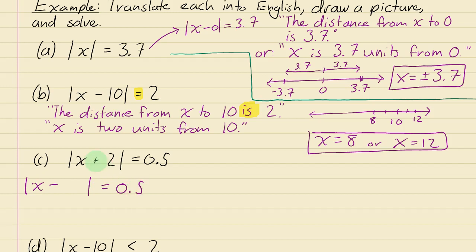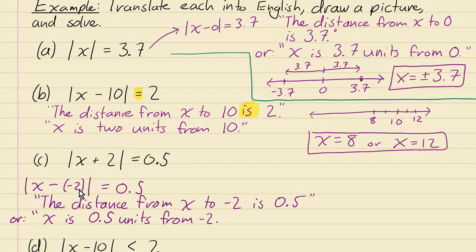Well, x plus 2 is the same thing as x minus negative 2. So that way this is now written as an equation that's directly about distance. It is the distance from x to negative 2.